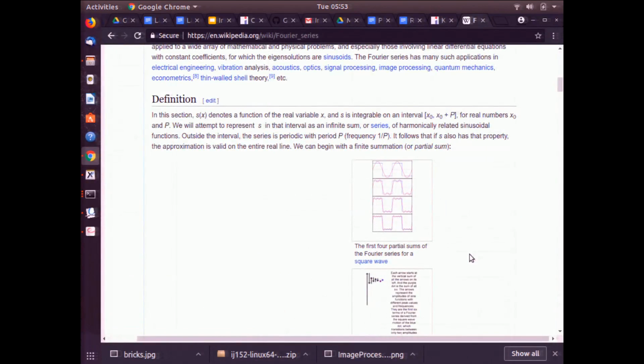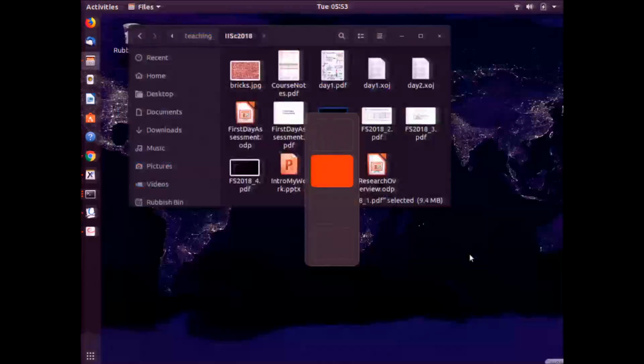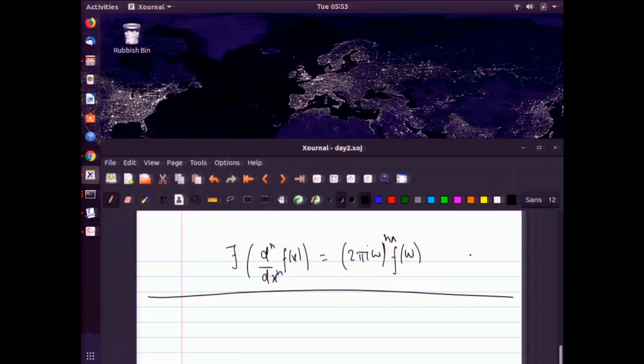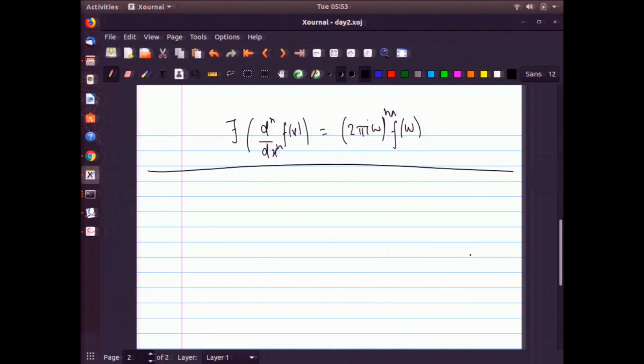Well, the idea is if we go back here, right? What we've done is we've taken some function. This is why I chose to show a real function, because I can draw it now. So we have some function x, and we called it f of omega, right?